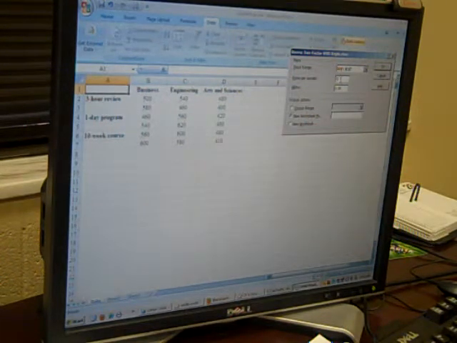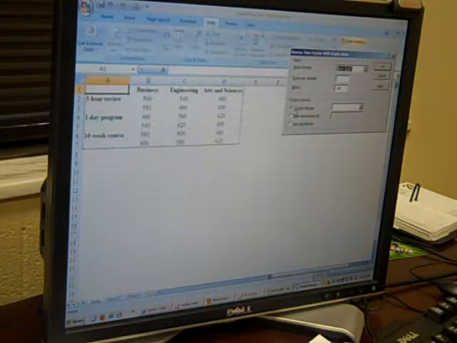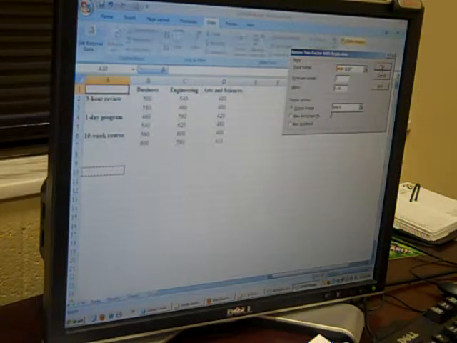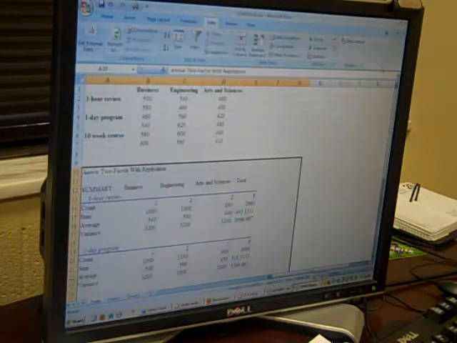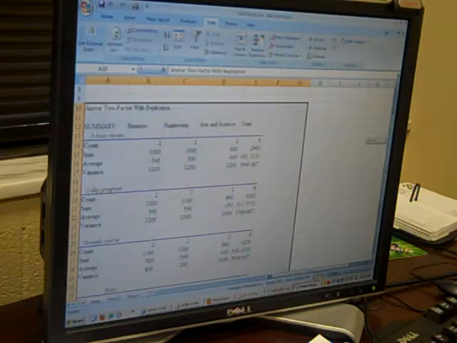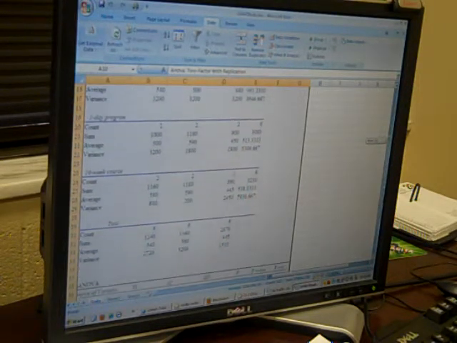We are going to use alpha 0.05. We can change this, it's no problem at all. And the output range, we might go, okay, put it in here. We really don't care. In this case, the ANOVA table is a little bit more complicated.